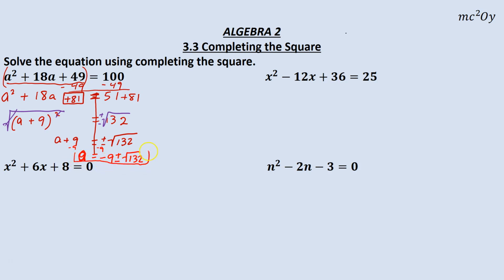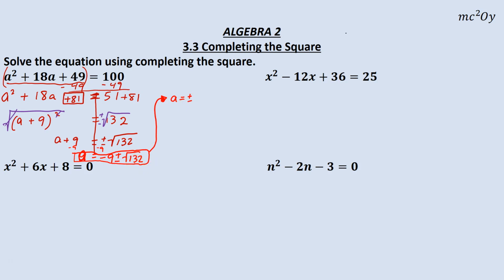Now you should always try to simplify the radical 132. I know some teachers may say, you're just learning completing the square, so you don't have to do that, and they may accept this as an answer. I personally think that you should simplify that. So when I look at it, I go, well, what goes into 132? Well, I know 4 does.